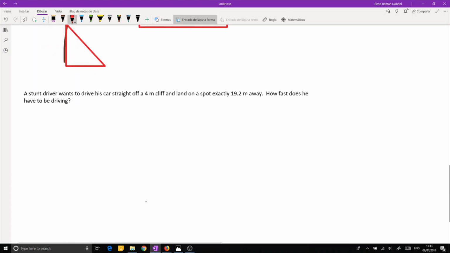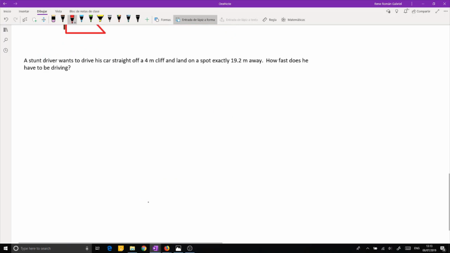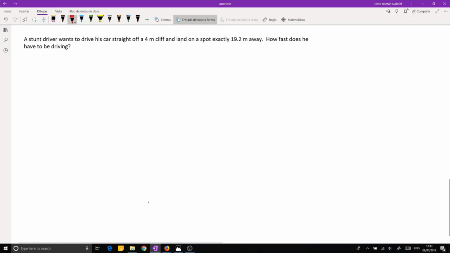Next is a stunt driver wants to drive his car straight up a 4 meter cliff and land on a spot exactly 19.2 meters away. How fast does he have to be driving? So first, let's see our data.